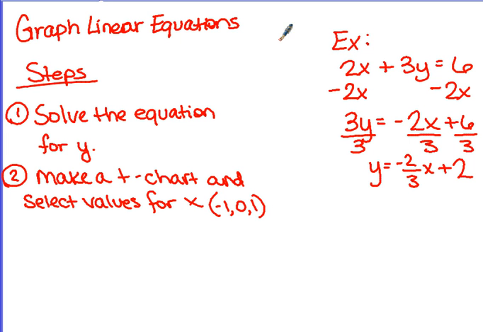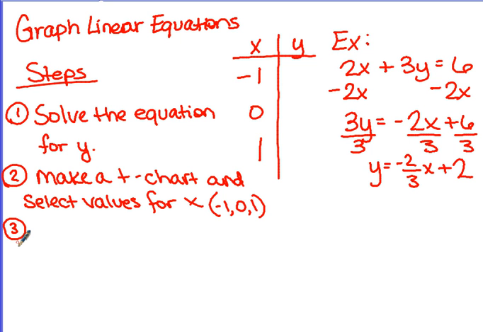All right, so we're going to make a t-chart where we've got x values and y values, and we're going to select values for x. All right, step 3, use the values for x in the equation to solve for y. All right, so use the x values to solve for y in the equation.